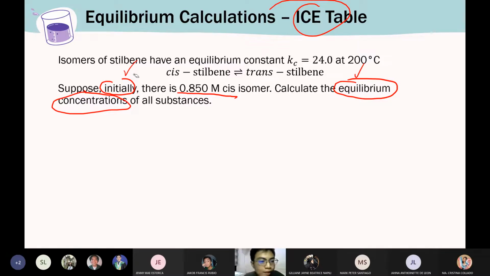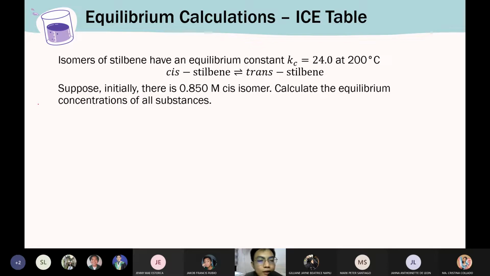Let me demonstrate how you will construct it. Una, you write the reaction sa taas. So this is your cis in equilibrium with the trans. Ayusin ko lang. Then you'll create rows below it. You create a row for initial, for the change, and the equilibrium.